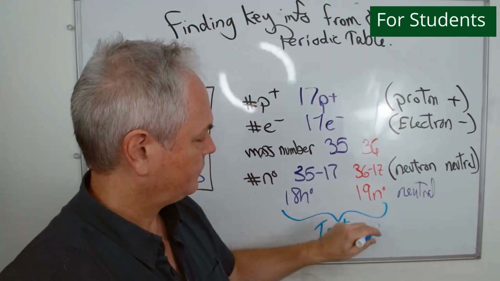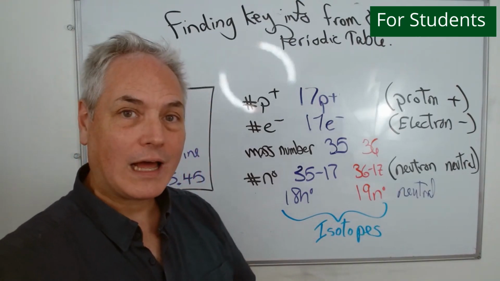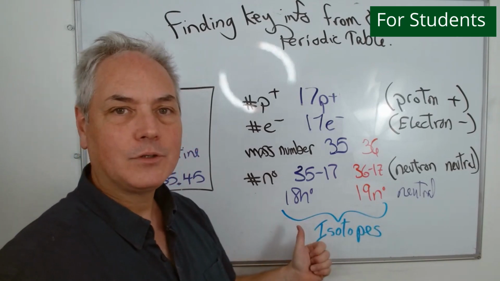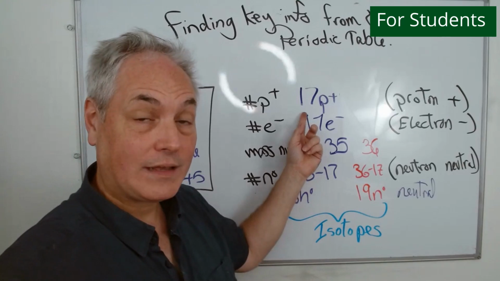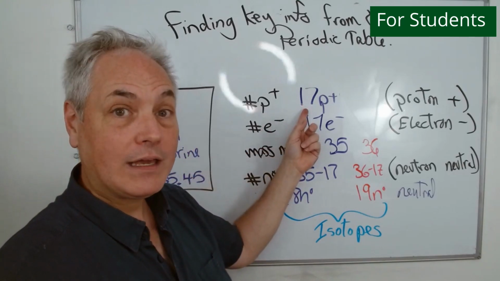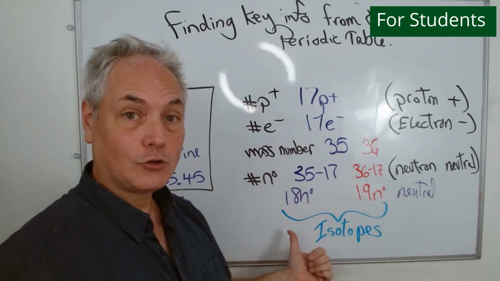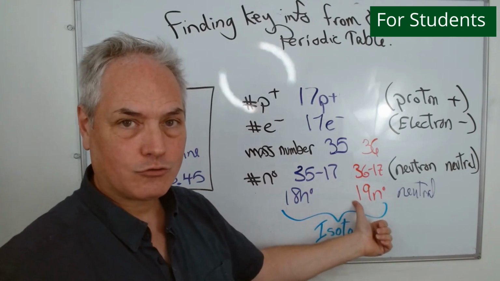Isotopes. Okay. So when you have an element and you have several isotopes of the same type of element, here's an example. We have the atomic number, which is always 17 for chlorine. That never changes. However, within the nucleus, some of the atoms of chlorine have 18 neutrons and some have 19 neutrons.